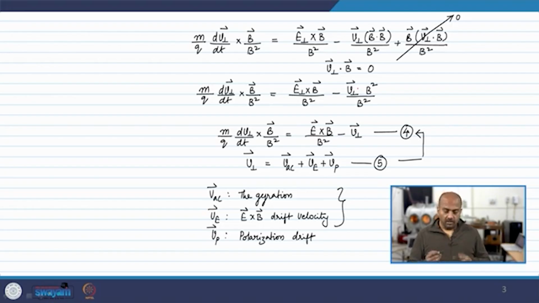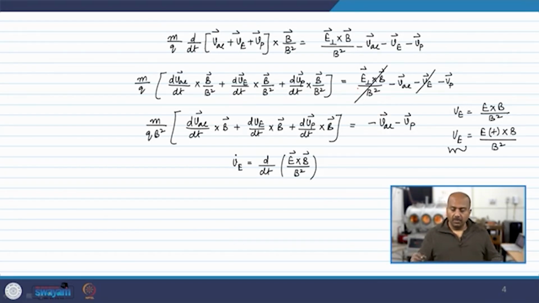These are written as three velocities. The first represents the gyration of the particle around the guiding center, the second is the E cross B drift velocity, which is just a combination of E and B, and the third is an additional component of velocity which comes into the picture just because the electric field is time dependent.